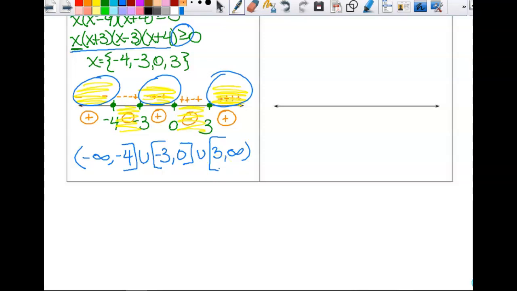What questions you got? We good? Awesome. Then you try this next one from scratch. All your factoring and everything.